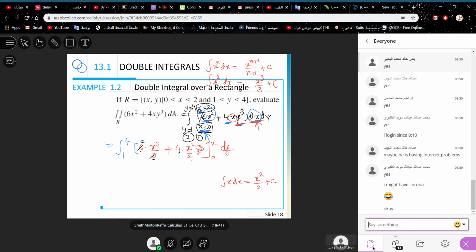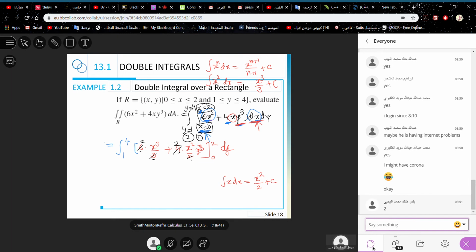So 4 upon 2, again, how much? 2. So this value is 2x cubed plus 2x square y cubed, limit 0 to 2, dy.